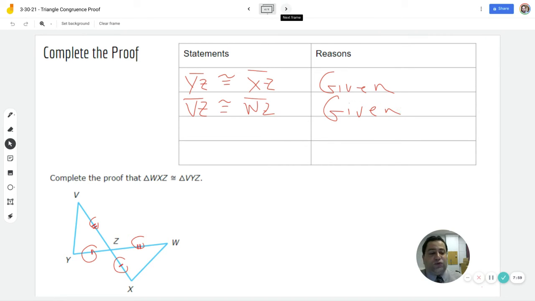And then it's whether or not you can recognize the vertical angles, right? So it's on the study guide if you need it. But we have this angle here and this angle here, which is going to give me equal angles. So YZV is congruent to XZW. And that is by vertical angles.